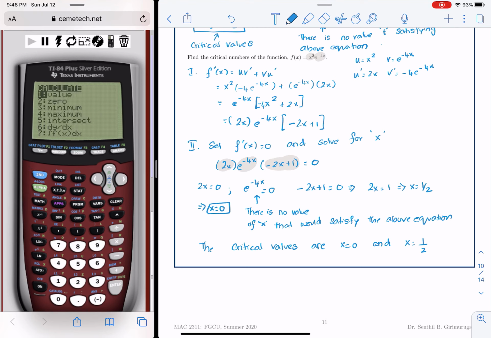Second trace, number 2, go to the left of the next 0, which is right over there close to the cursor. Enter. Move, cross the 0 and over to the other side. Enter, enter, and I get 0.5. So the two critical values are x equal to 0 and x equal to 1/2.